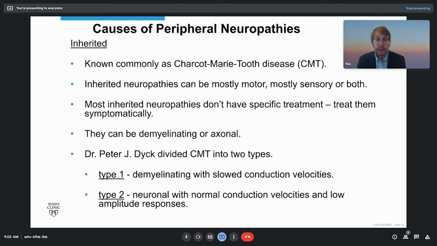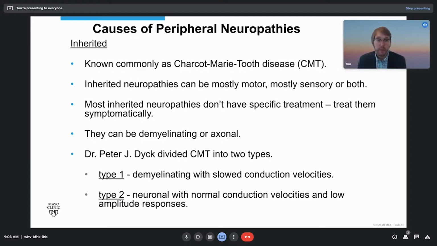Dr. Peter Dyck, the Mayo Clinic physician responsible for opening the Peripheral Nerve Laboratory and doing several of the important studies that I've previously mentioned, described 2 types of Charcot-Marie-Tooth disease. Type 1, demyelinating types, which he described based on their slowed conduction velocity on nerve conduction study. When they give a shock or zap, the nerve transmission was much slower.